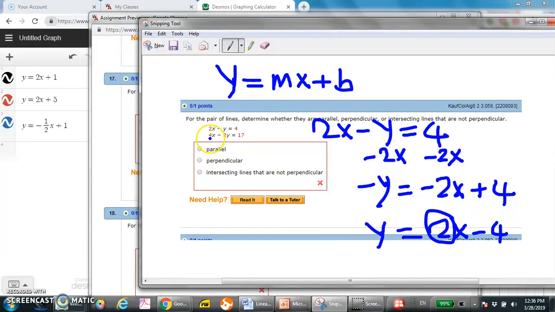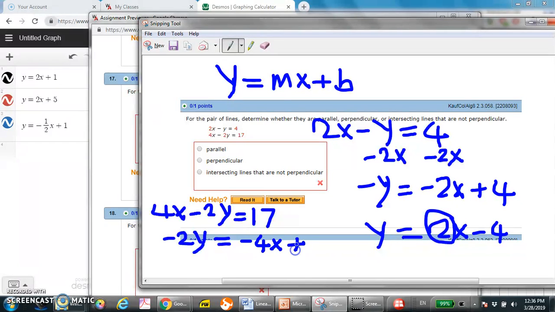Okay. Now let's take a look at the second equation, 4x minus 2y equals 17. First we subtract 4x. So the equation becomes negative 2y equals negative 4x plus 17. And then we divide by negative 2.